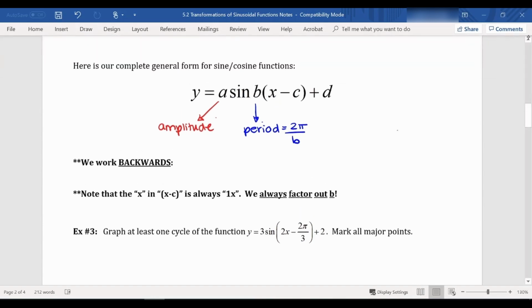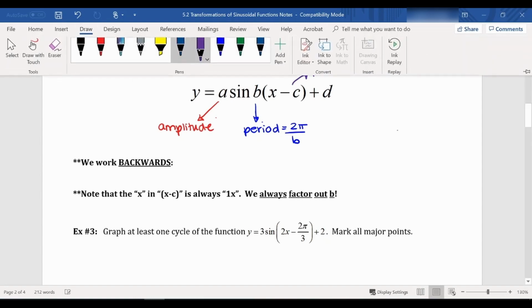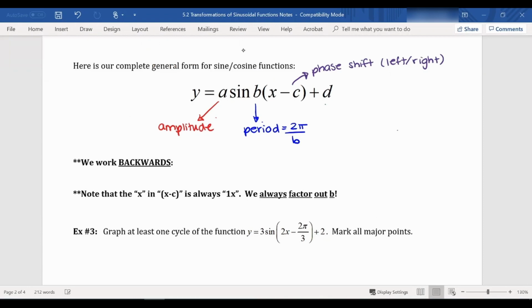A number inside the function in brackets with the x indicates a phase shift, which is moving left, right. And a number at the end of the function, adding outside the function, is your vertical displacement, which is moving up and down.